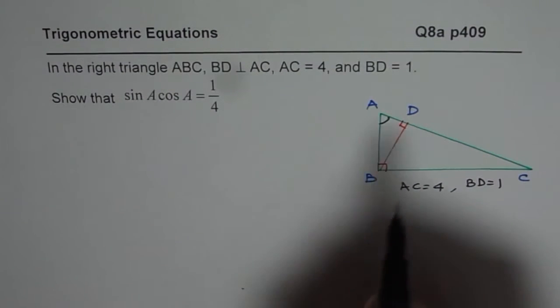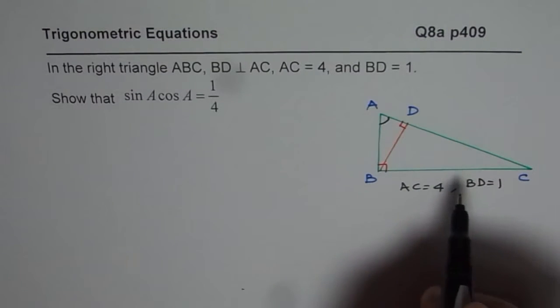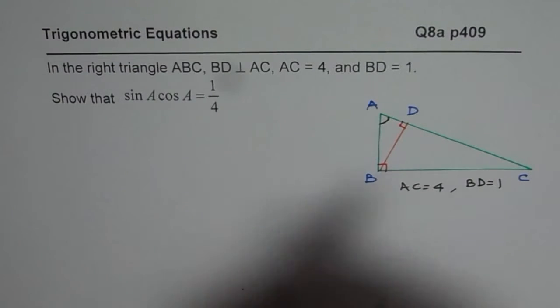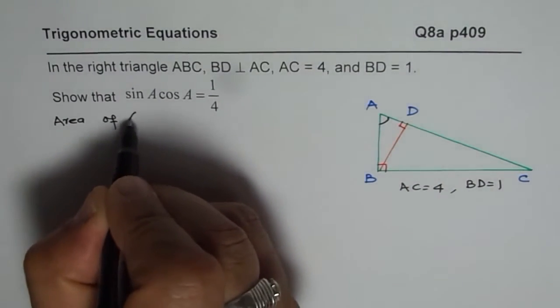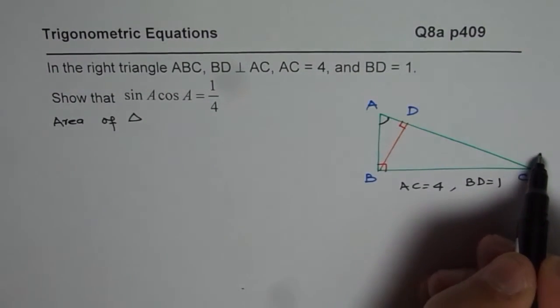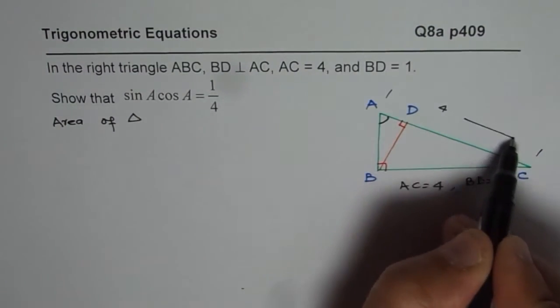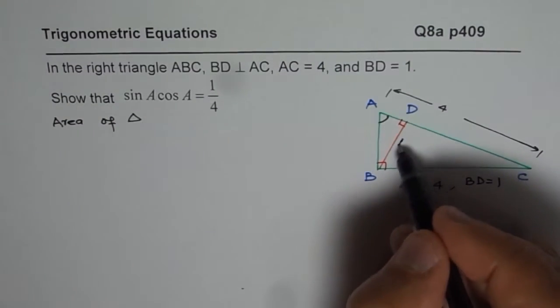So I'm using the strategy of finding the area of the triangle. We can find the area of this triangle in two different ways. First I'll consider the triangle ABC where the base is AC, which is given to us as 4 units, and the height is 1 unit.